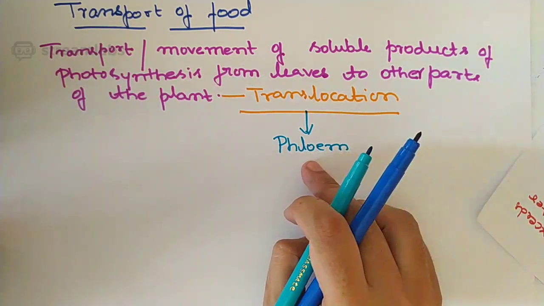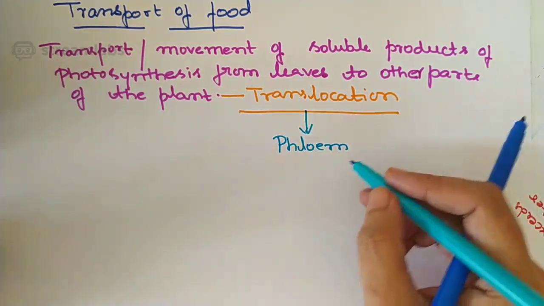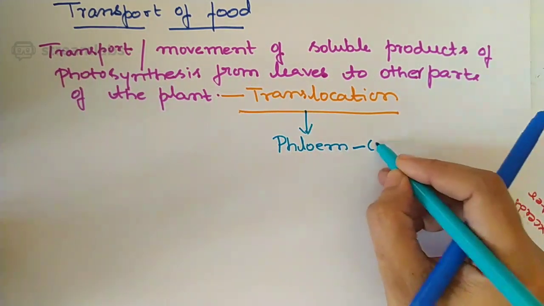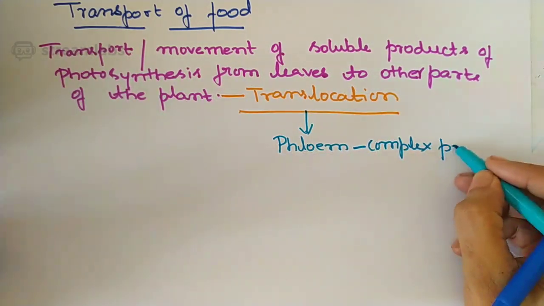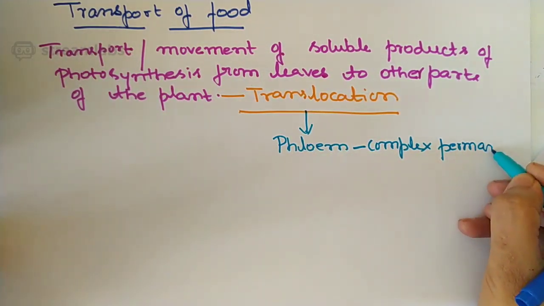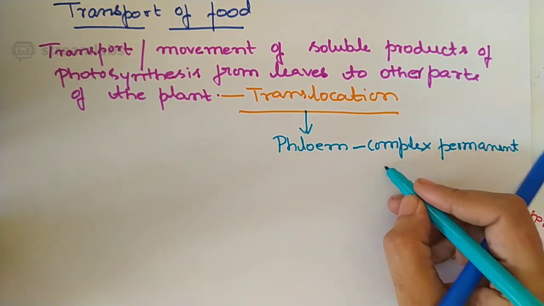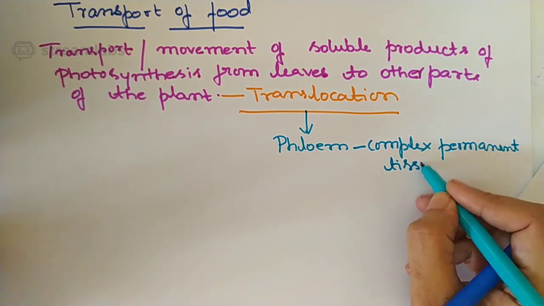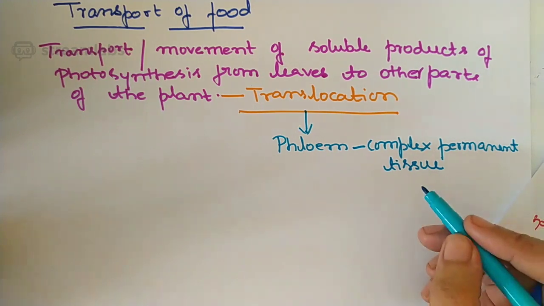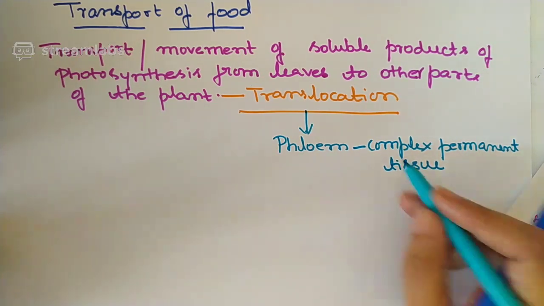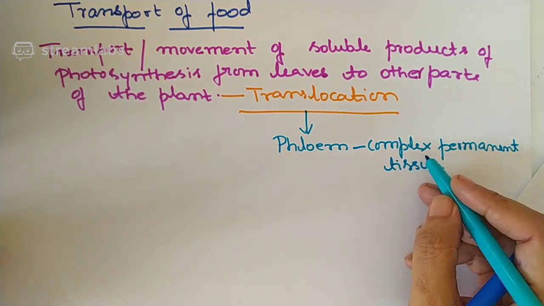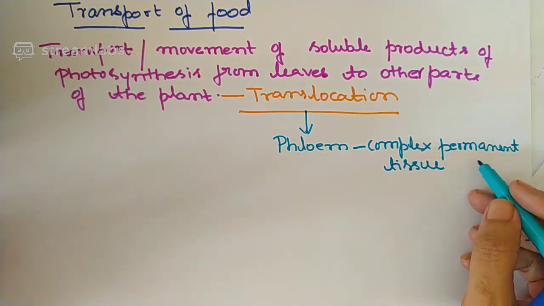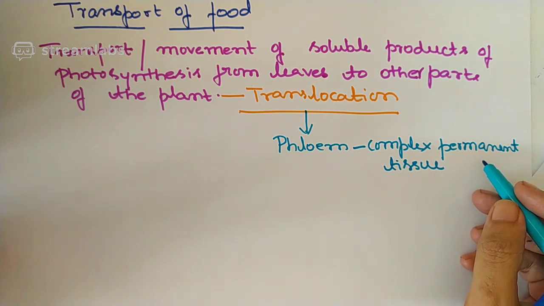As you know, the phloem is again a complex permanent tissue, isn't it? You have studied it in your 9th standard. Complex, students, because it is made up of different kinds of cells. Permanent, students, because it has lost the capacity to divide.